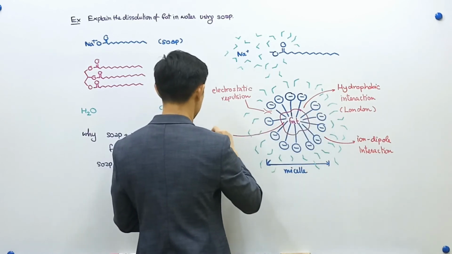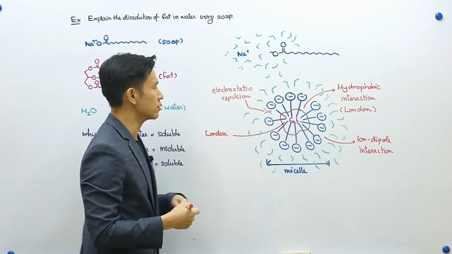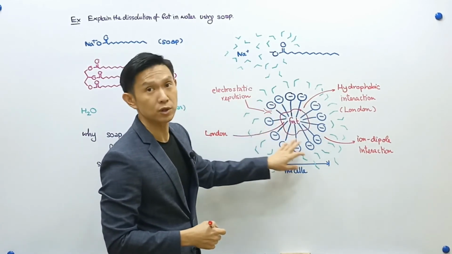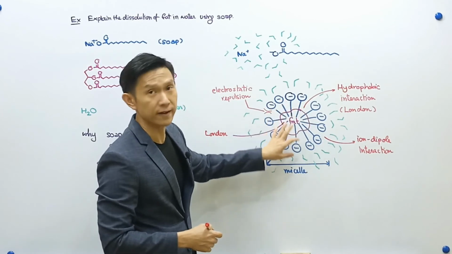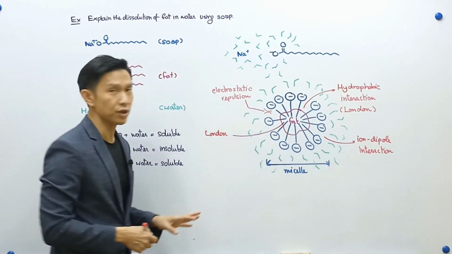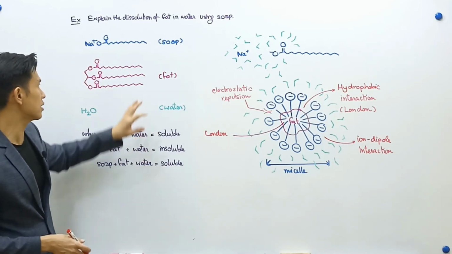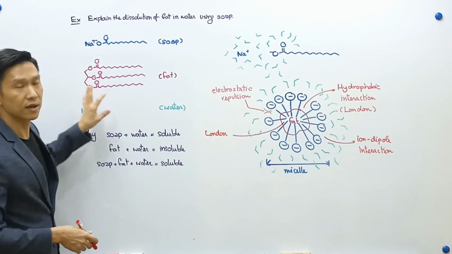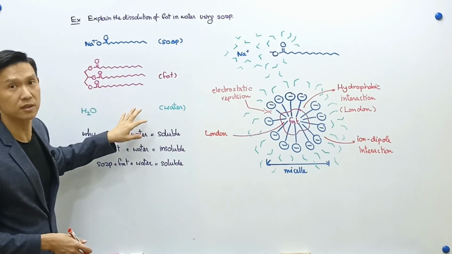Again, it's hydrophobic. So we can have hydrophobic interaction among the soap molecules together or between soap and the fat molecules. Without the soap, we cannot dissolve the fat into water because you don't have any polar part of the molecule.